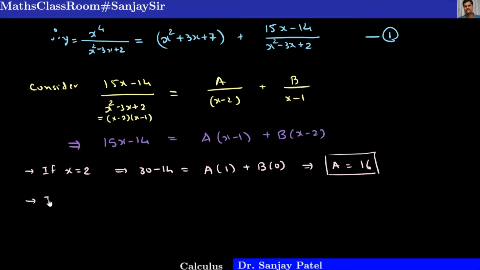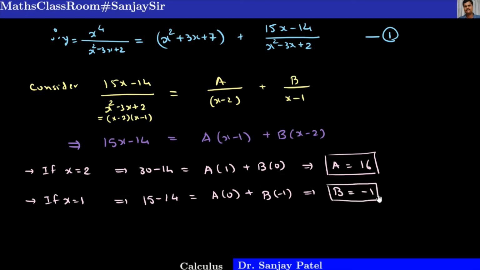Next, if we take x is equal to 1, then this will be 15 minus 14 is equal to a into 0 by putting x equal to 1 here, and b into minus 1. That gives me 15 minus 14 is 1, but because of this minus 1 here, we get b is equal to minus 1 finally. You can simplify this and you will get these two constants.